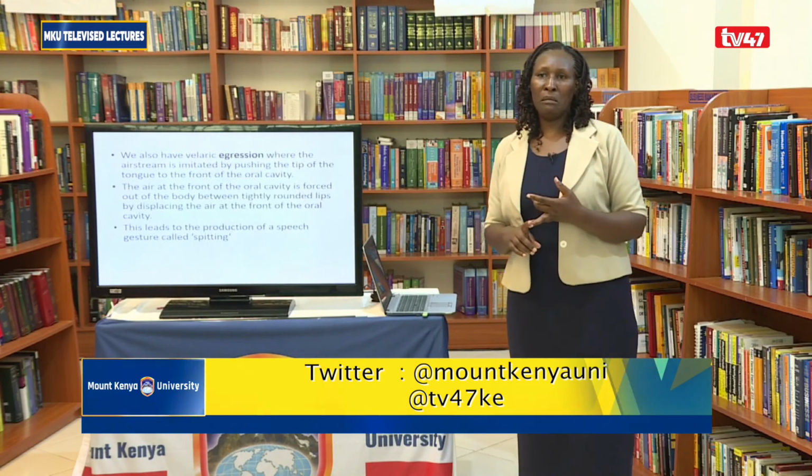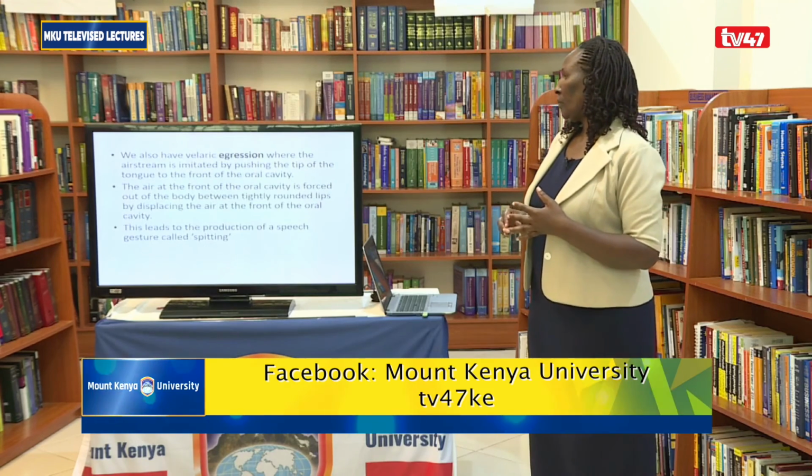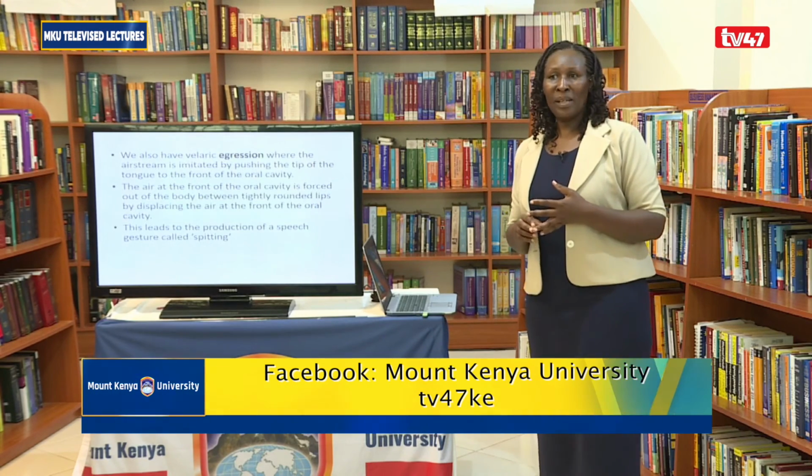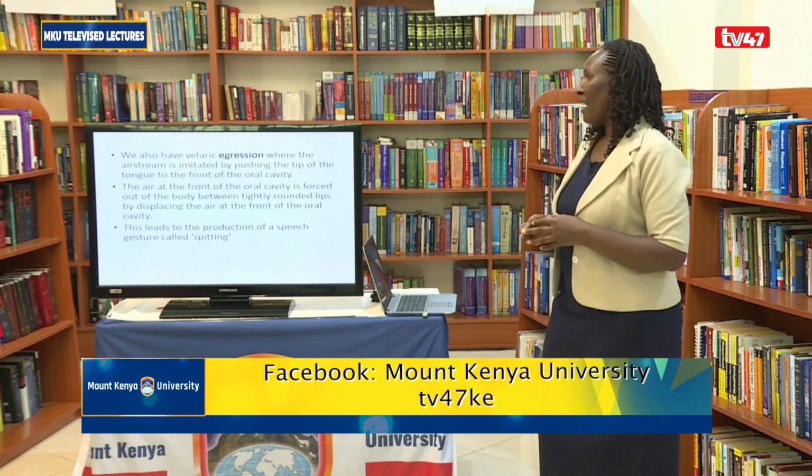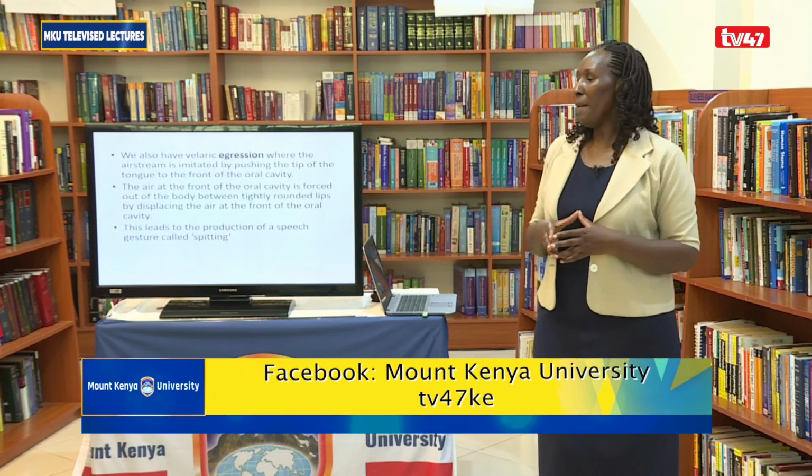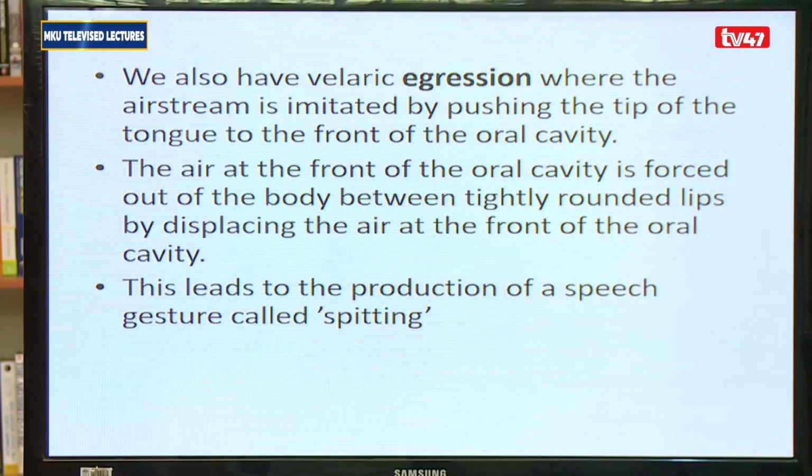We say that the oral cavity is the same as the mouth. So when this happens, the air at the front of the oral cavity is forced out of the body between tightly rounded lips by displacing the air at the front of the oral cavity.